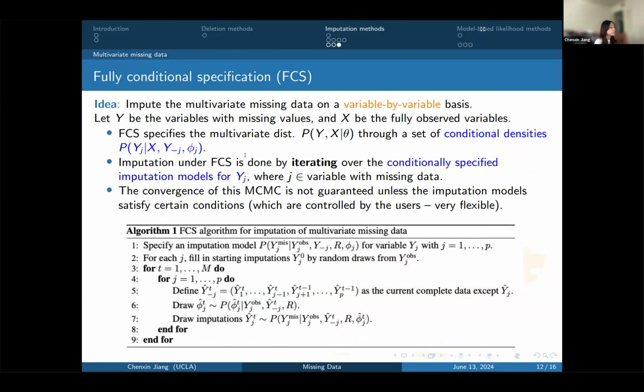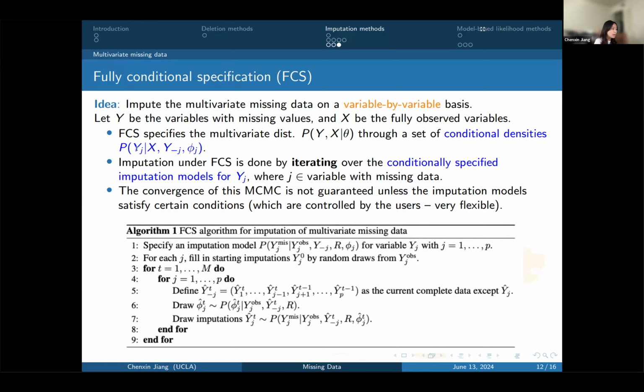The second approach to multivariate missing data is fully conditional specification. The idea is to impute the multivariate missing data on a variable by variable basis. Let Y be the variables with missingness and X be the fully observed variables. The FCS specifies the multivariate distribution of Y and X through a set of conditional densities.